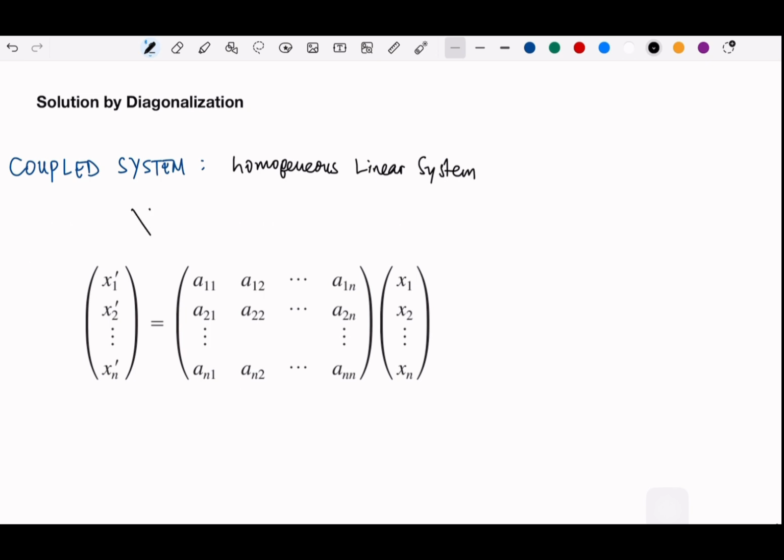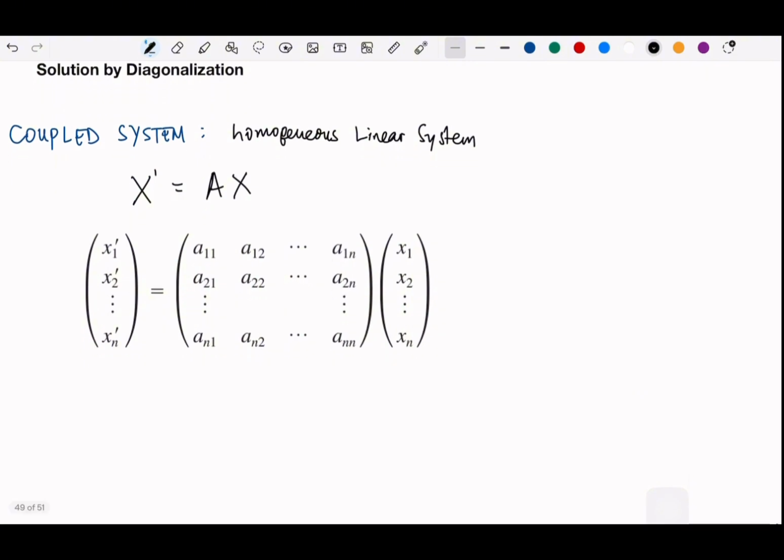This is x prime equals A x, okay? And of course this x prime, in this column, will be linear combinations of x1, x2, and xn.